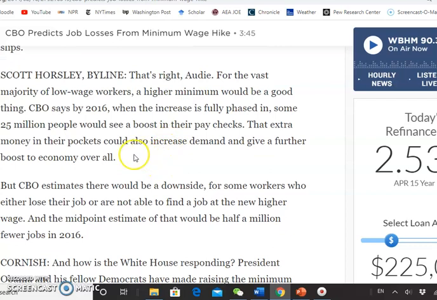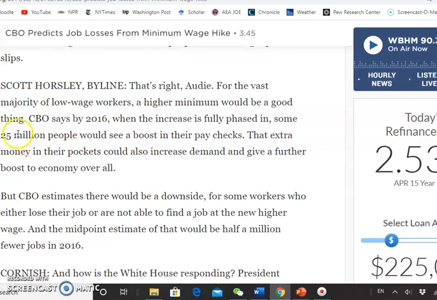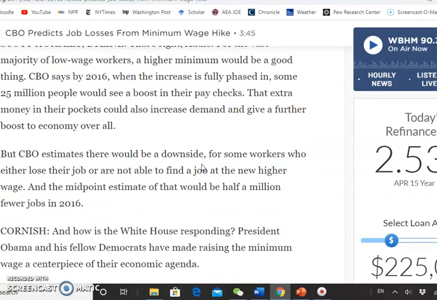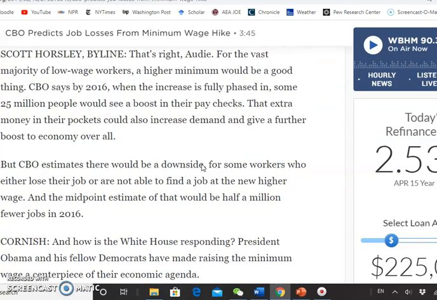Okay, so here. Oh, I'm sorry. Here they said that 25 million people would see a boost in their paychecks. I believe the number of people lifted out of poverty should be 900,000, probably.